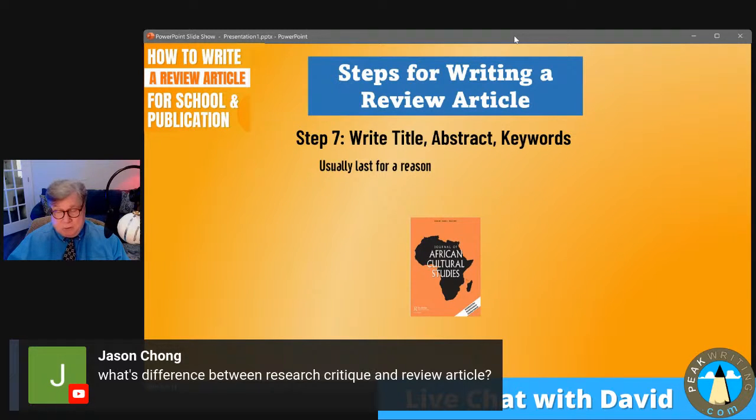The abstract and the keywords go hand in hand as a way to summarize the entire article. Because they are last, and now you're tired, you've expended a lot of energy on doing this, your tendency might be not to put as much effort into these as they need.